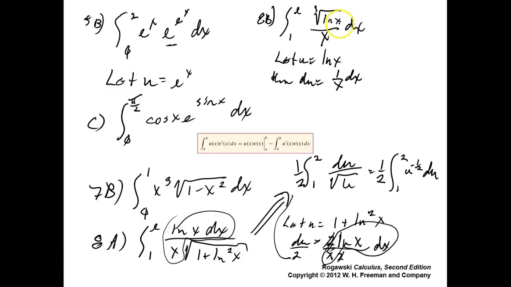There's your 1 over x dx right there. That's your du now. So one thing you've got to do is put in your limits here. In u's, when x is equal to 1, log of 1 is 0. And when x is equal to e, log of e is 1. So there's your new limits.